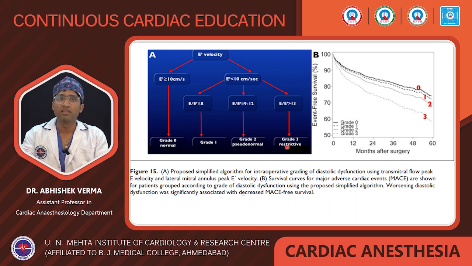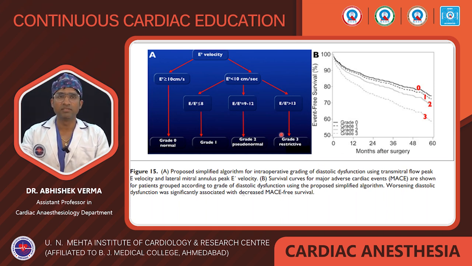And this restrictive filling is also divided into type A and type B. In type A, there is a reversal of the E by A ratio, and type B is a fixed restrictive filling. In those patients who have fixed diastolic dysfunction, there is no reversal of the E by A, and the mortality rate is high.